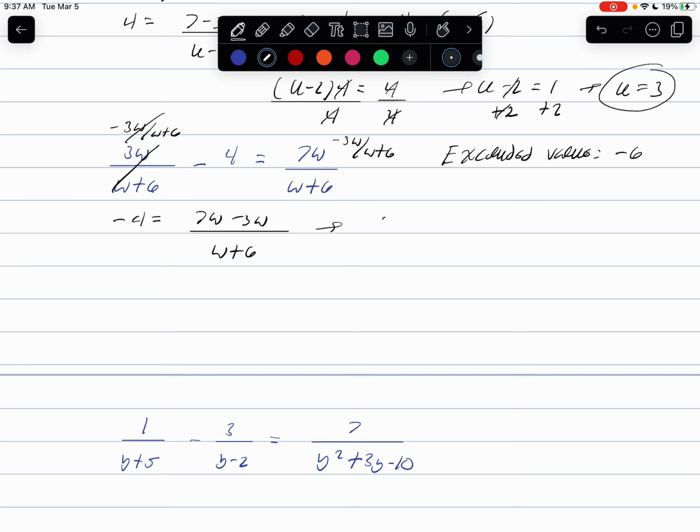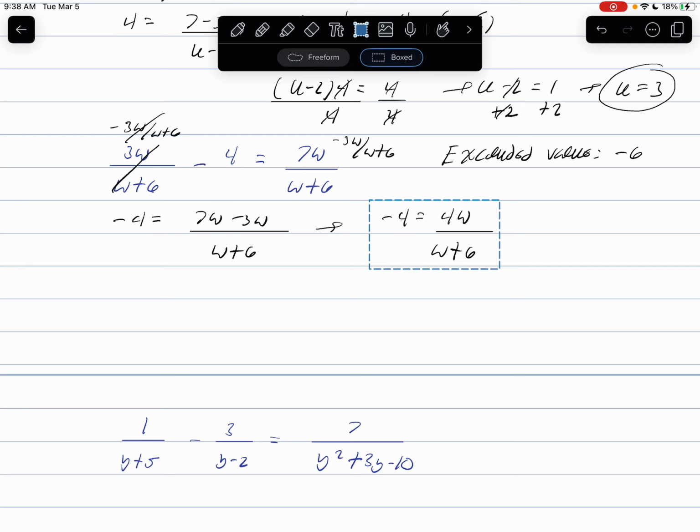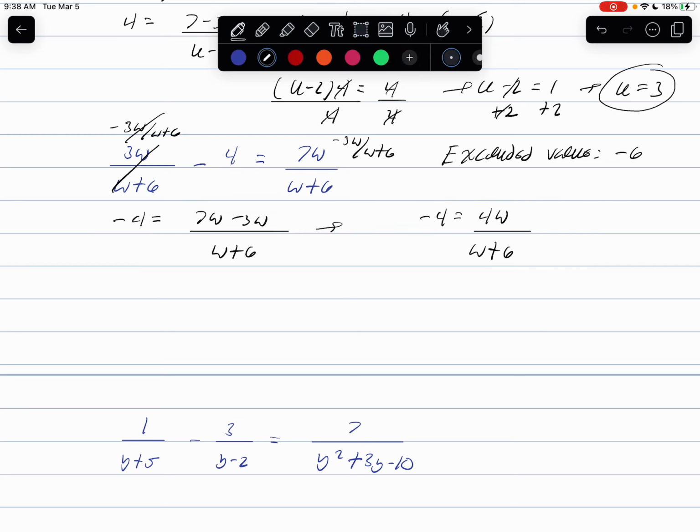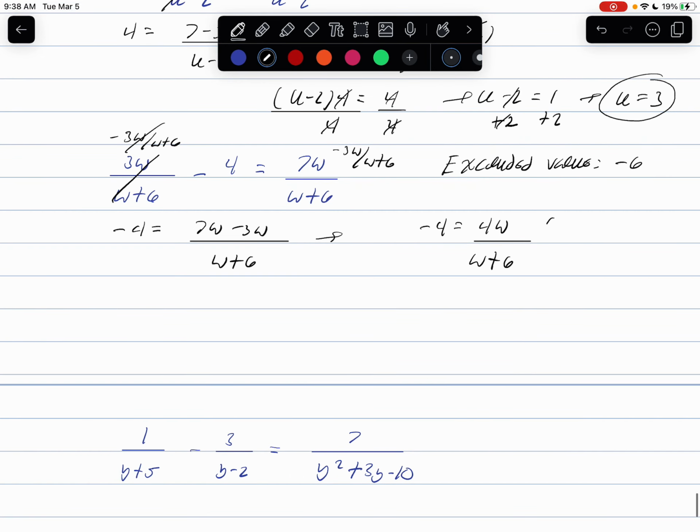And that gives us that negative 4 is equal to 4w over w plus 6. So from here, we can go ahead and multiply both sides of the equation by w plus 6, because we have to get the variable out of the denominator. So we'll multiply both sides of the equation by w plus 6.